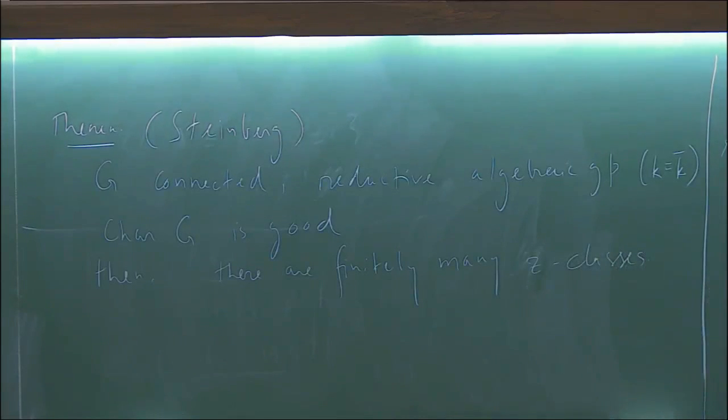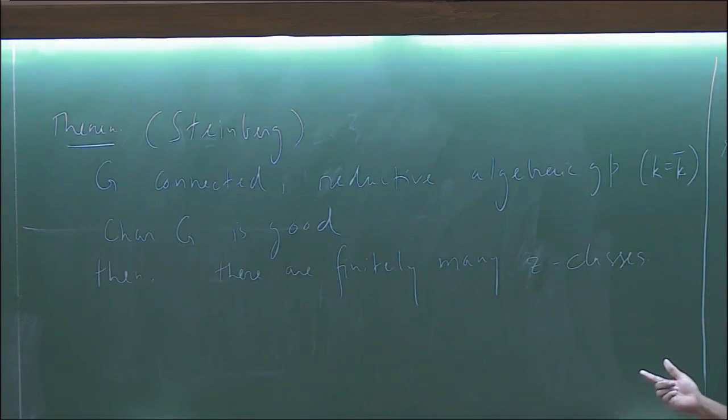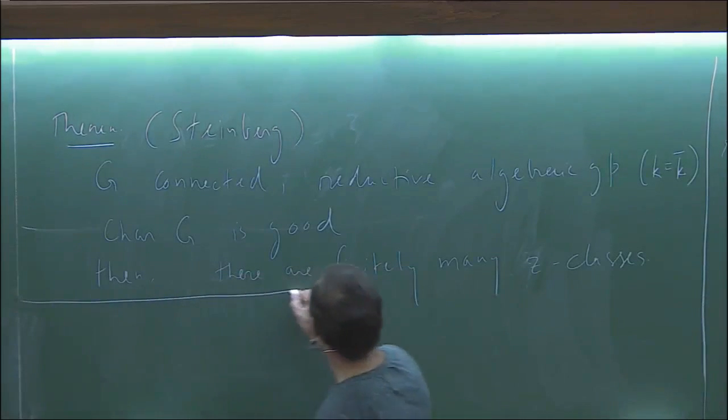This is quite an interesting theorem. For example, let's look at the group GL_n. If you look at conjugacy classes, there are infinitely many, whereas this theorem says there are only finitely many G-classes. So that's the importance of this theorem.